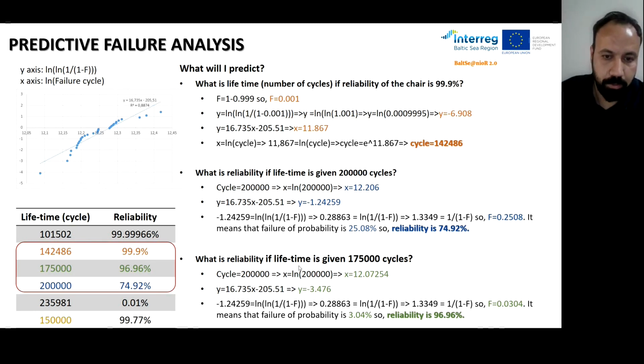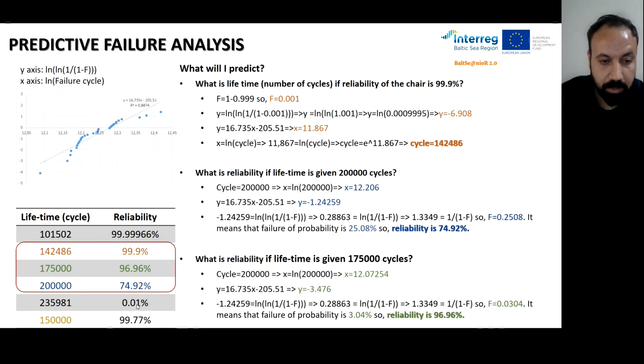If we follow the same procedure, if my reliability equals 6 sigma, it means I have only 4 failures in 1 million. My number of cycles should be 101,502. If my reliability is 0, I cannot give 0 reliability because it cannot be calculated.